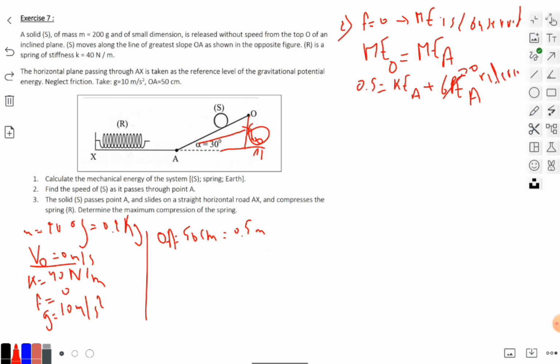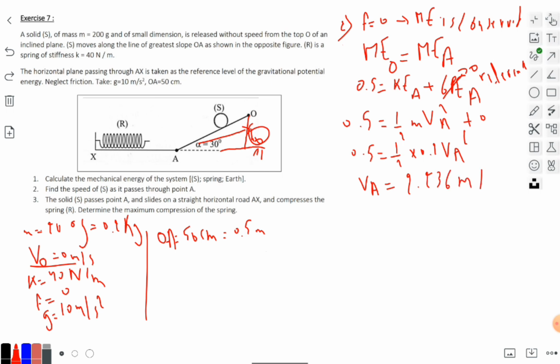So we obtain 0.5 equals half m VA square plus 0. 0.5 equals half times 0.2 VA square. We obtain VA equal 2.236 meter per second.